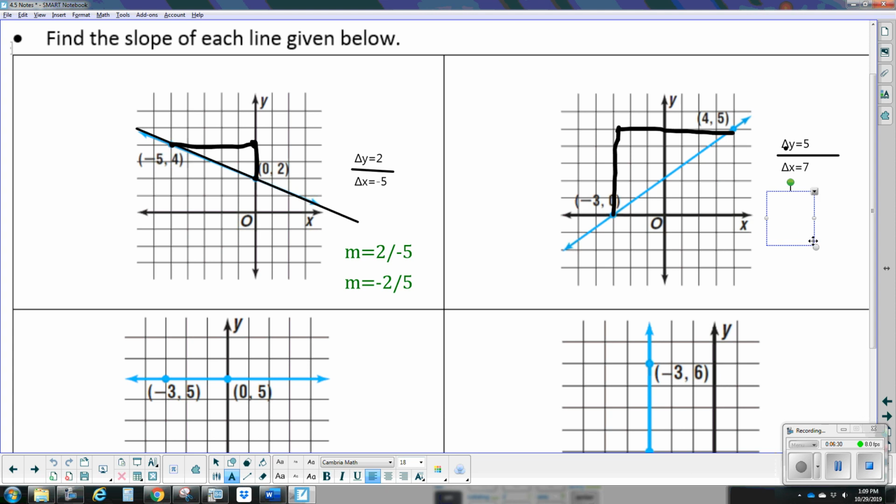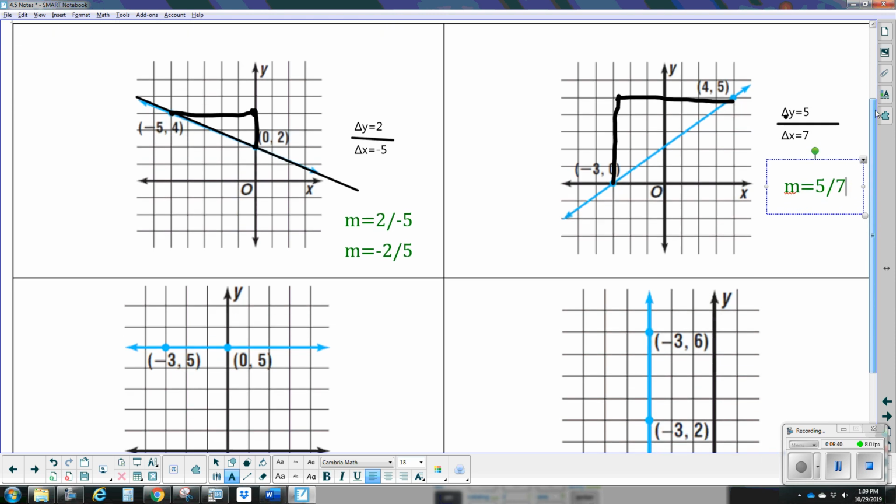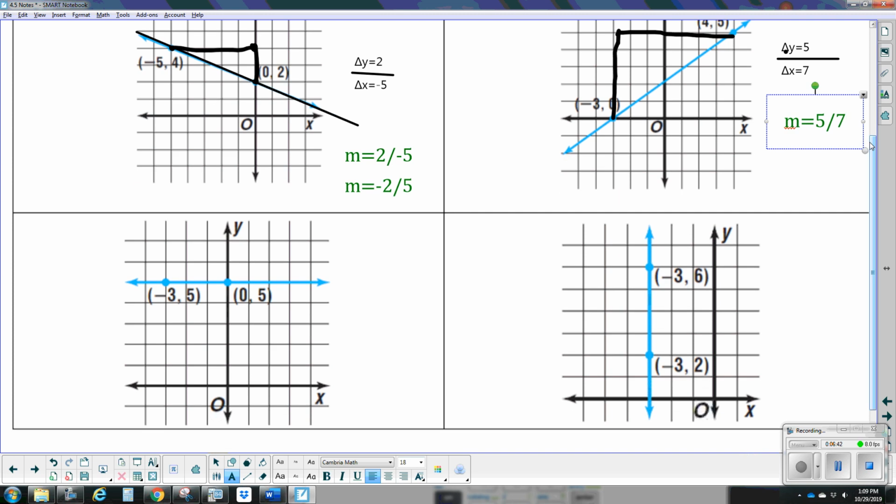So a vertical change of 5 and a horizontal change of 7 gives us a slope of 5 over 7. You should always write your slope in simplest form. For example, if this was 5 over 10, we would want to simplify that to 1 over 2. So always write it as a ratio and always write it in simplest form.